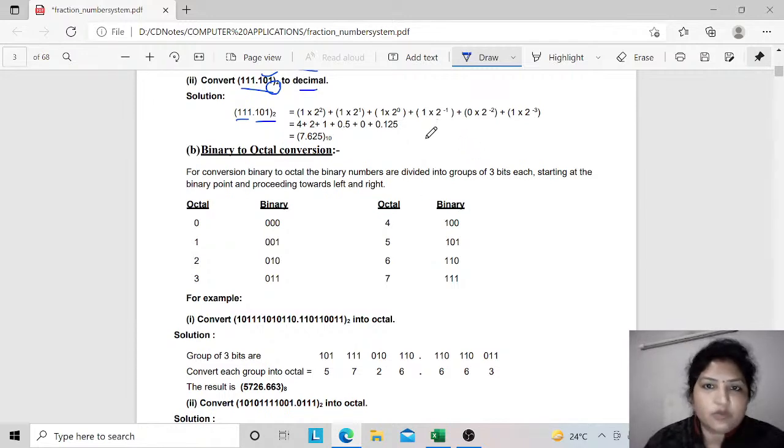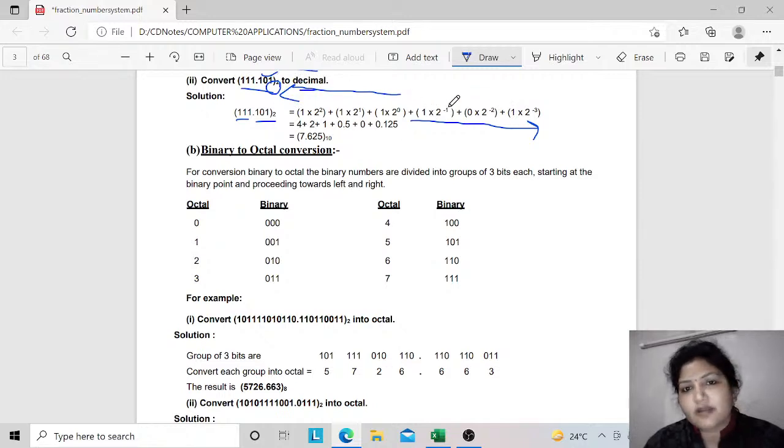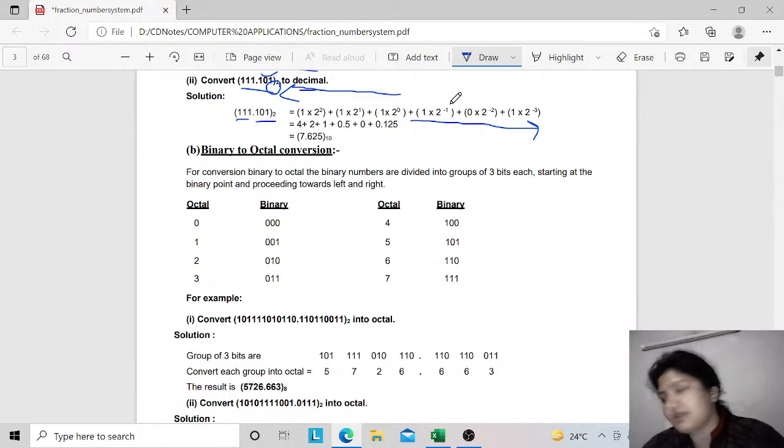So this would be my fraction part and this would be my integral part. Over here I told you, whenever we are processing the fraction part, it is raised to the power minus, whatever the position is, minus 1, minus 2, minus 3 and so on.